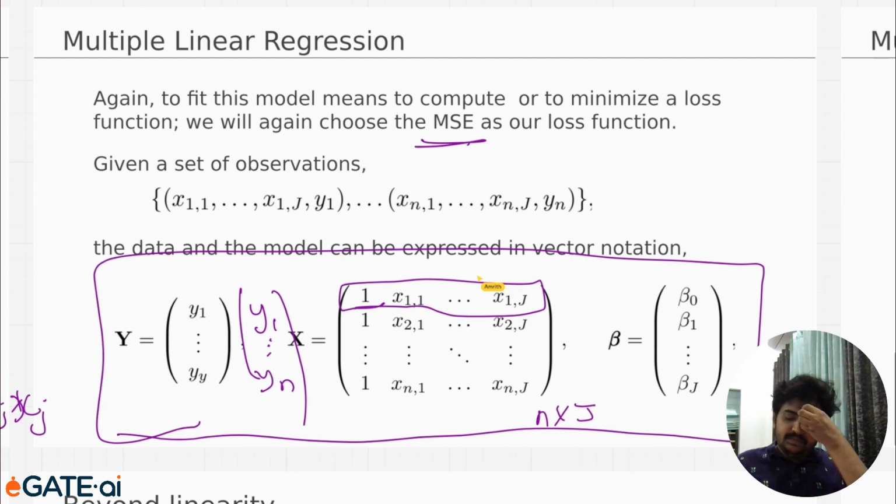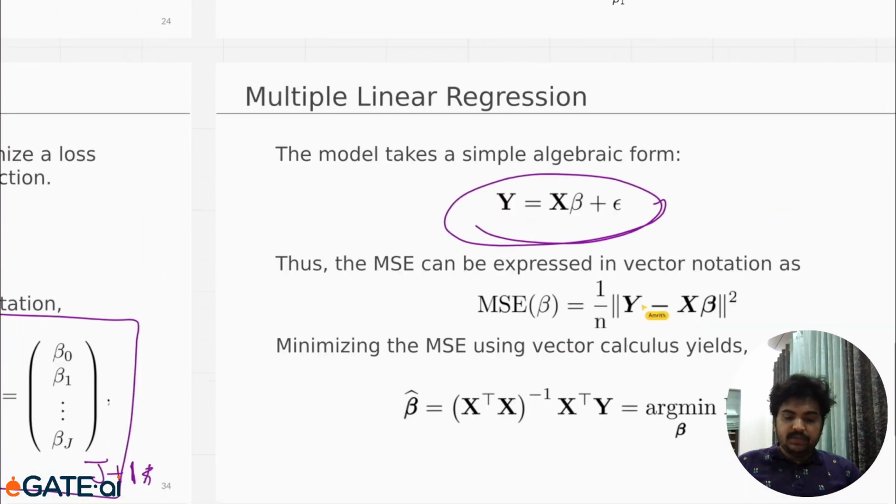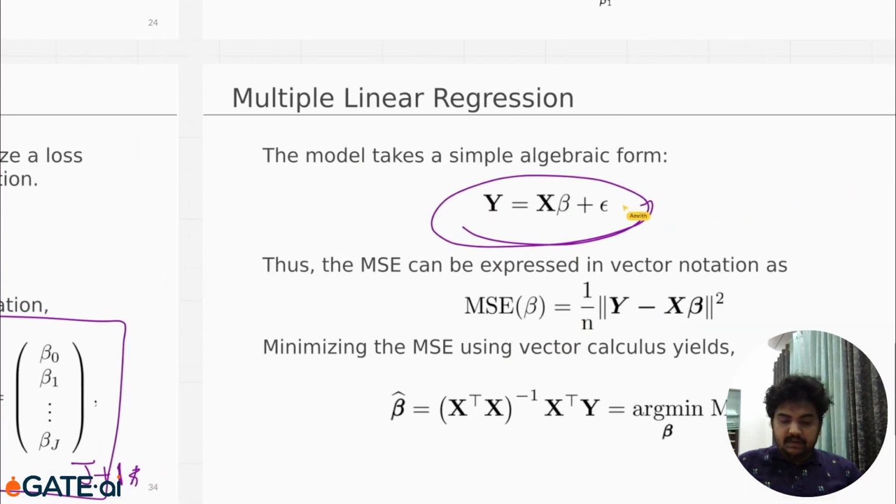Since there are j features, we have to learn j plus 1 weights, and this is another vector. So we are learning a simple linear algebraic function here, which is y equal to X beta plus epsilon, and then we can represent our mean squared error in this form.